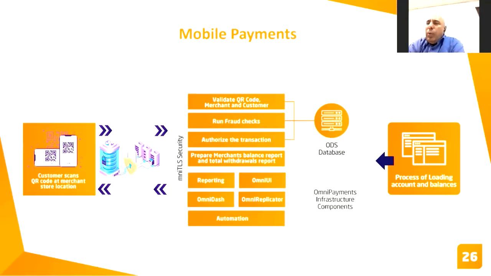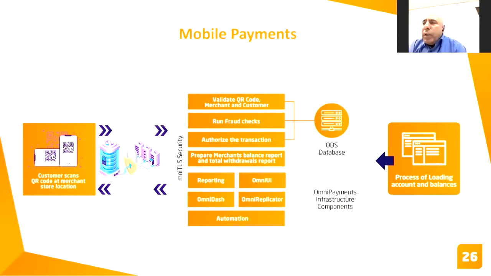Now, the way the solution works with mobile payments is, this is an example of how we use QR codes. Customers can scan the QR code with the mobile device, and then using the logic in the back end, the transaction can be authorized, and we can provide the authorization and the approval for the transaction to the mobile device.